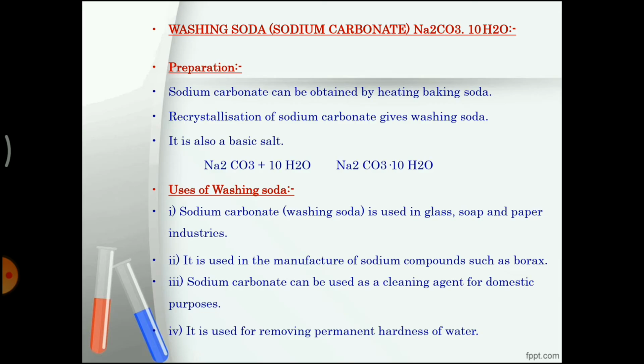It is used in the manufacturing of sodium compounds such as borax. Sodium carbonate is used as a cleaning agent for domestic purposes. In our houses, we usually use washing soda in washing of clothes.